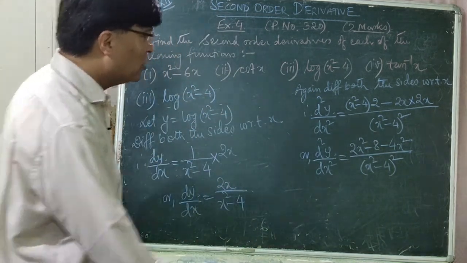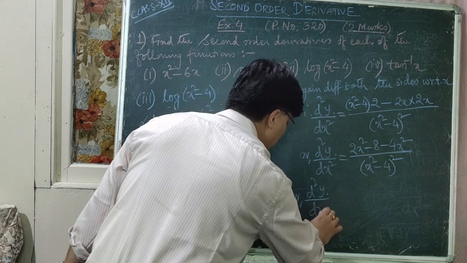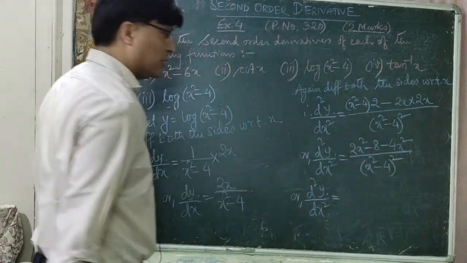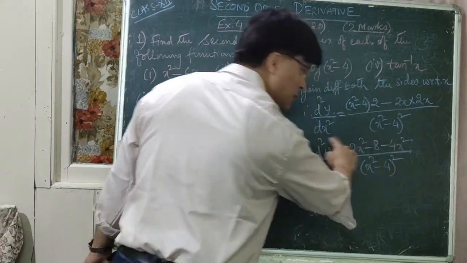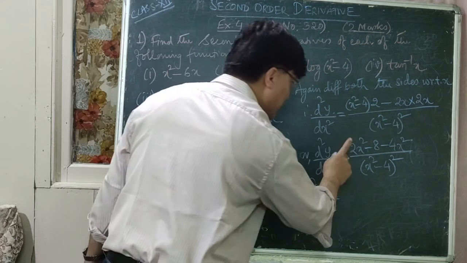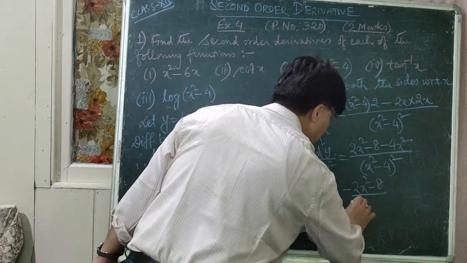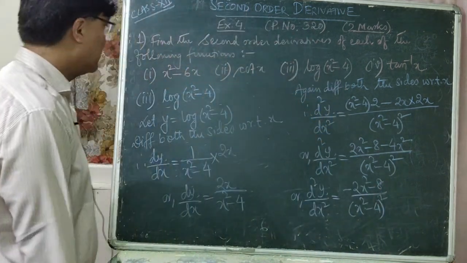Now simplify the numerator. So d2y by dx square is equal to, now you can simplify the similar terms here, 2x square minus 4x square. Similar terms, but they are of opposite sign, so you can subtract: minus 2x square minus 8, divided by x square minus 4 whole square. Okay.